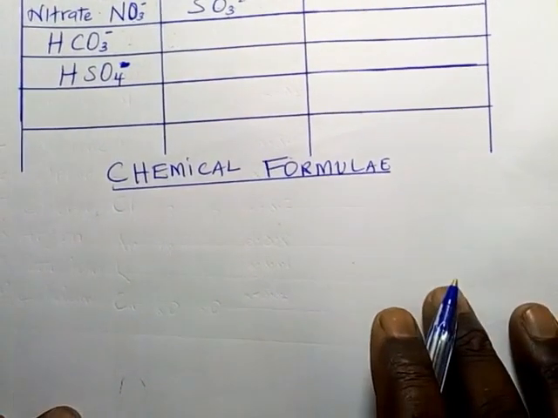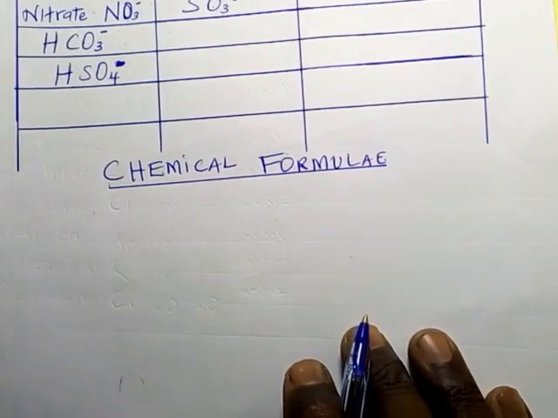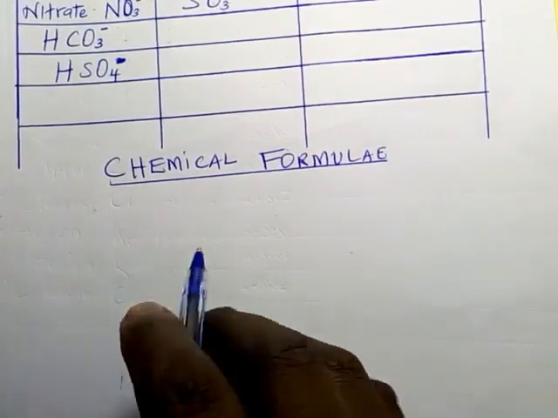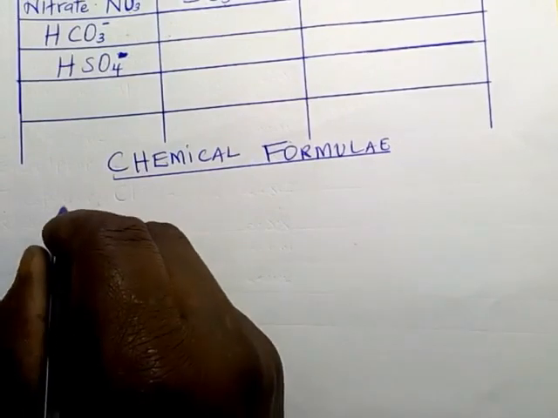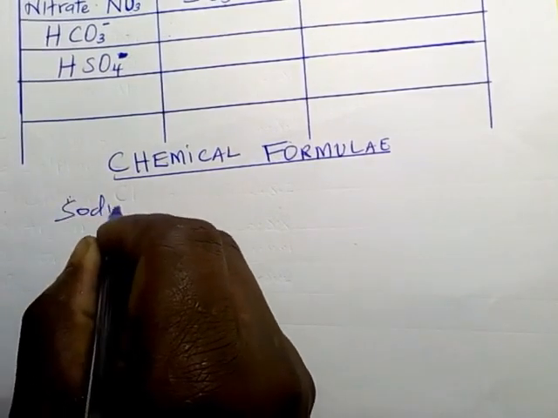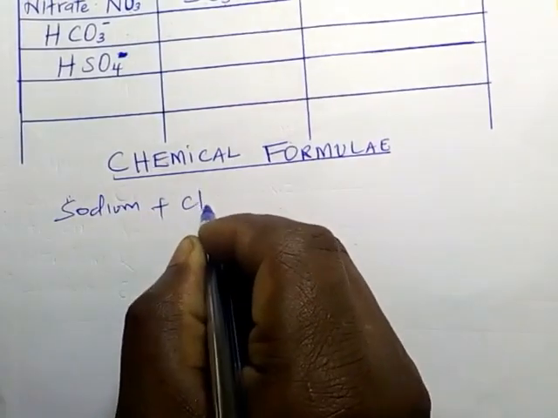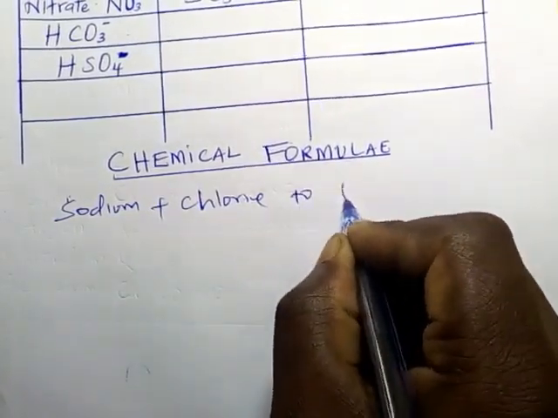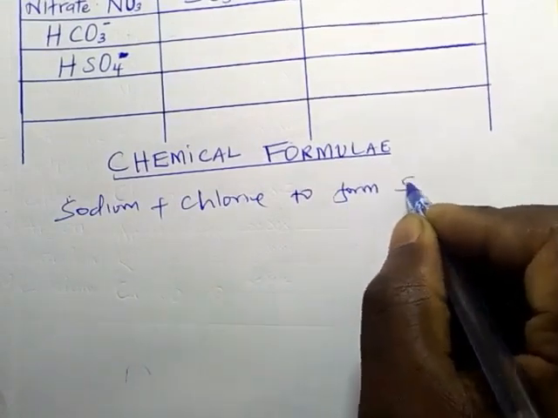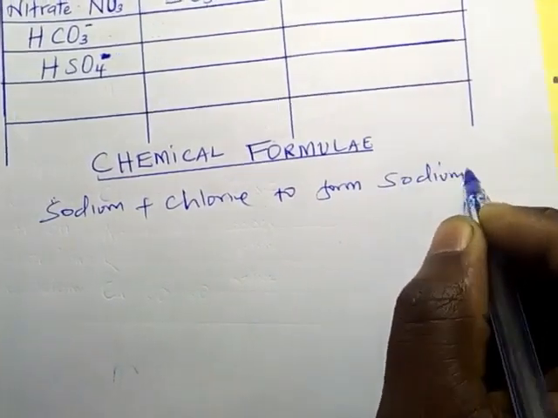For example, when elements combine, sodium can combine with chlorine to form sodium chloride.